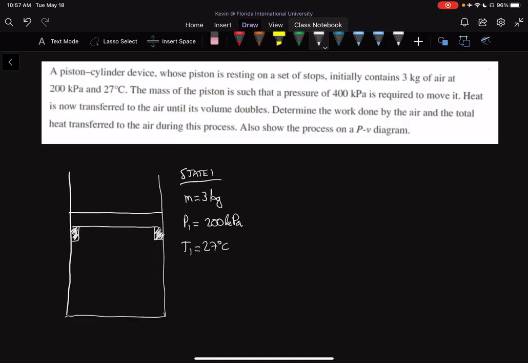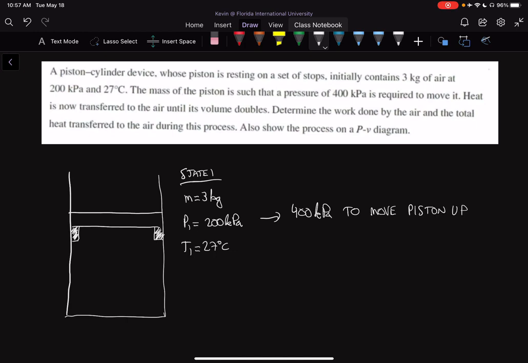Now, the next statement says that the mass of the piston is such that a pressure of 400 kilopascals is required to move it. So it says that you need 400 kilopascals of pressure to move the piston up.